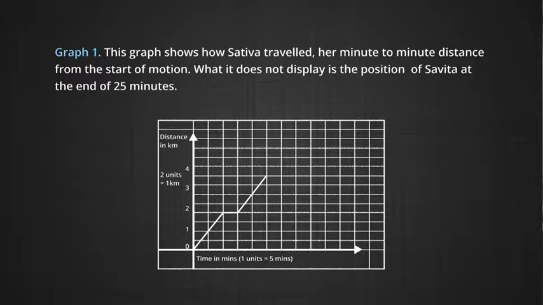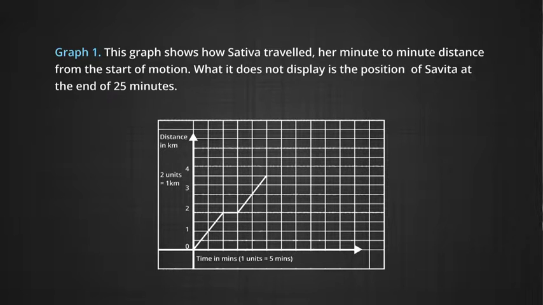As we've just said, on the x-axis we have time, and because it's all in minutes, what we have done is that time in minutes we take 1 unit to be representing 5 minutes, and on the y-axis we have distance in kilometer. So, we choose 2 units to be equivalent to 1 kilometer.